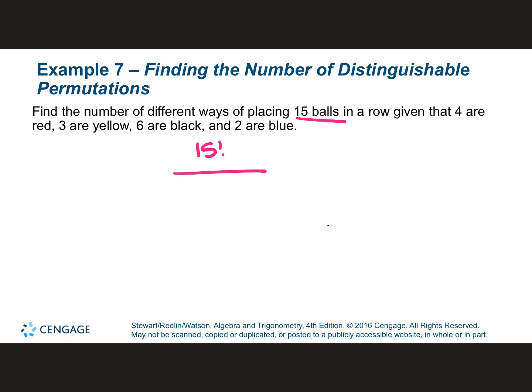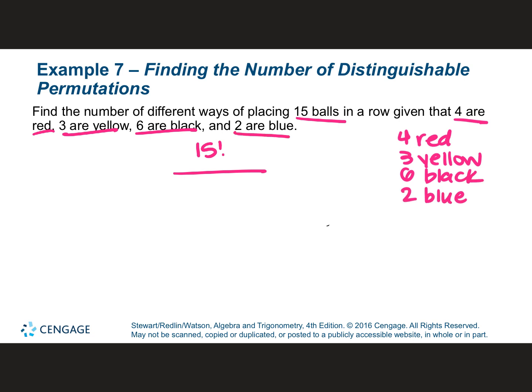Then I'm going to put 4 red, 3 yellow, 6 black, and 2 blue. So on the bottom of your fraction, how many different options do we have? We have 4, 3, 6, and 2.